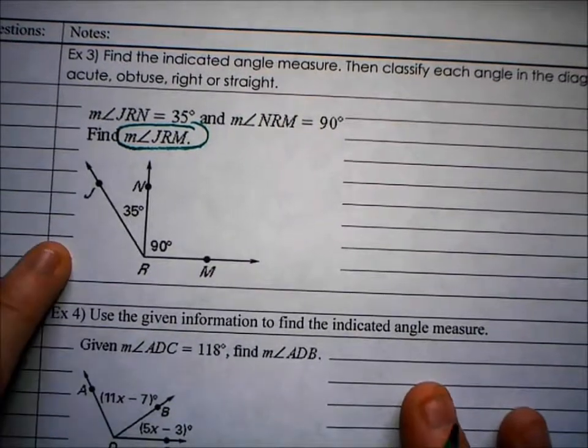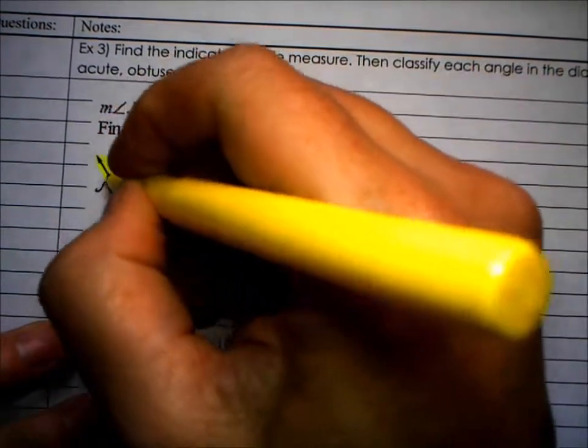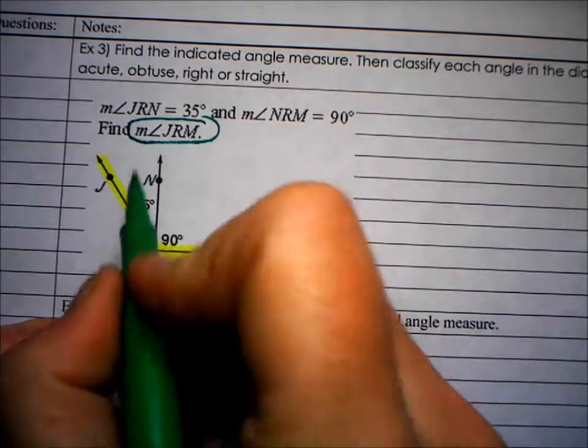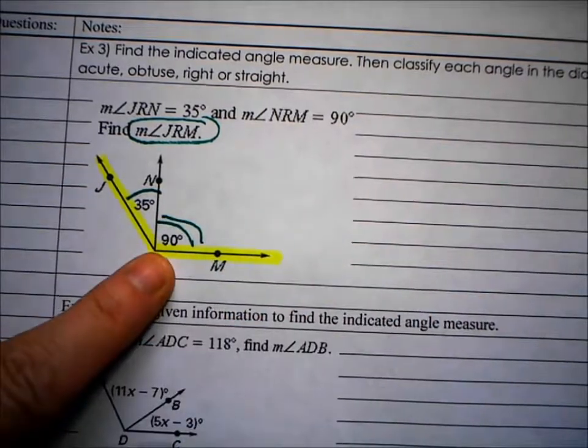If I look at my picture, RJM is what I'm looking for. I'm going to highlight it. They give me two parts. The first part is 35 and the second part is 90.